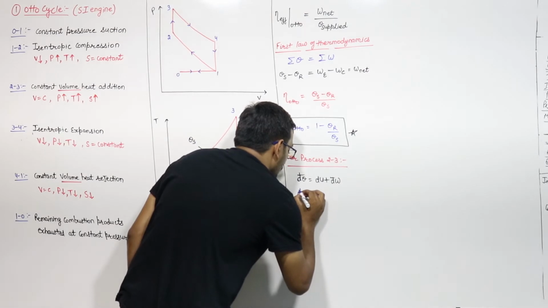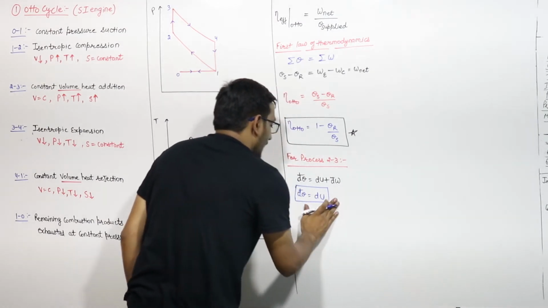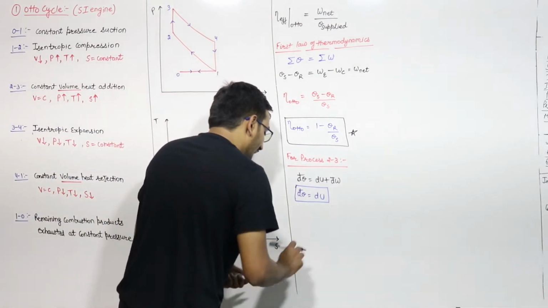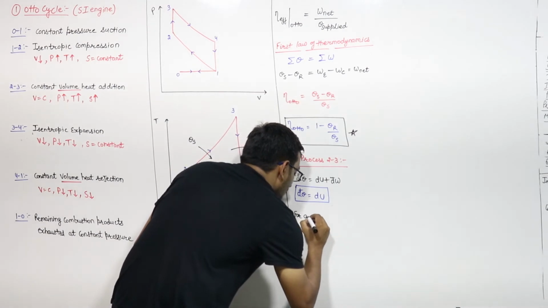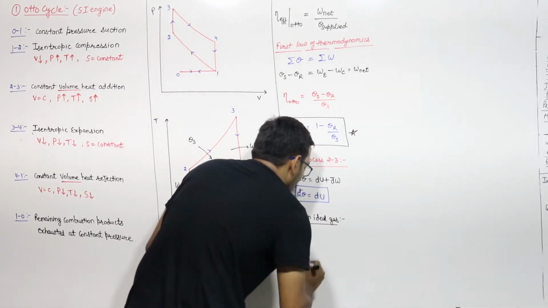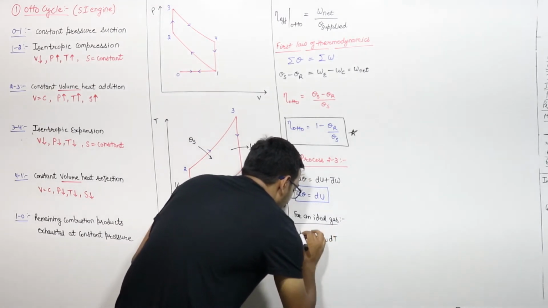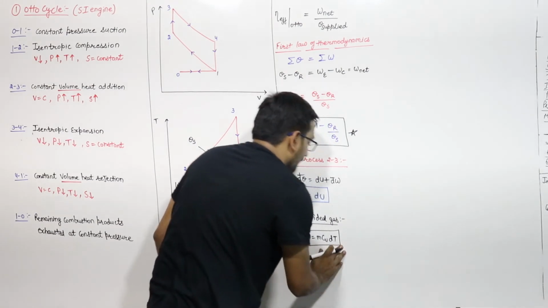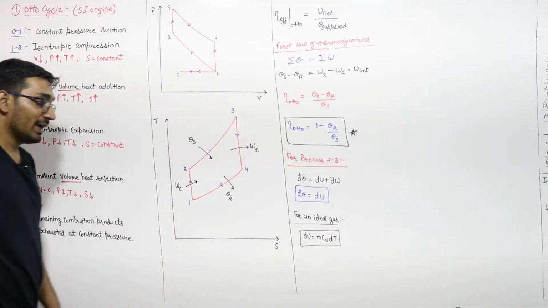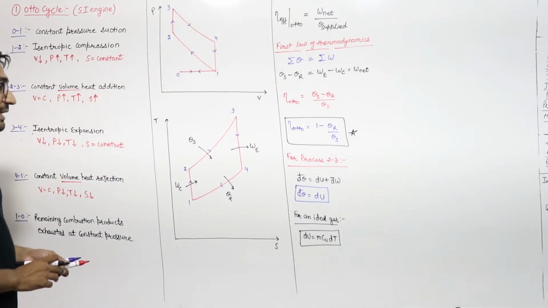And you know that dU, for an ideal gas, you know this from the thermodynamics concept, dU will be equal to mCv dT. For an ideal gas, you can write dU equal to mCv dT for any process. We know these equations.